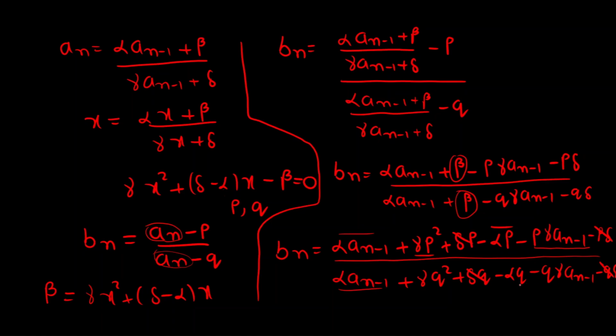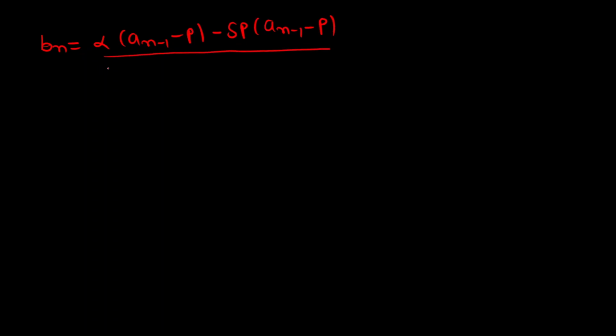Similarly in the denominator I'll get bn is equal to alpha times an minus 1 minus p minus delta p times an minus 1 minus p, and similarly in the denominator I'll get alpha times an minus 1 minus q minus delta q times an minus 1 minus q.